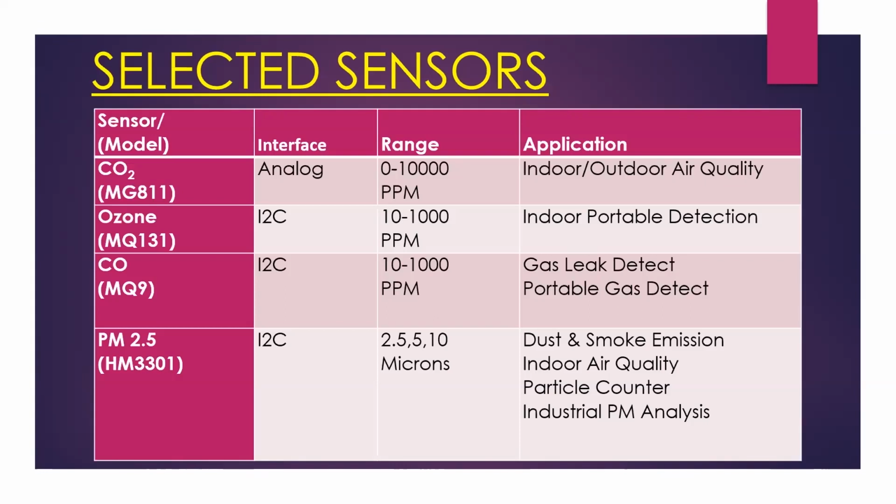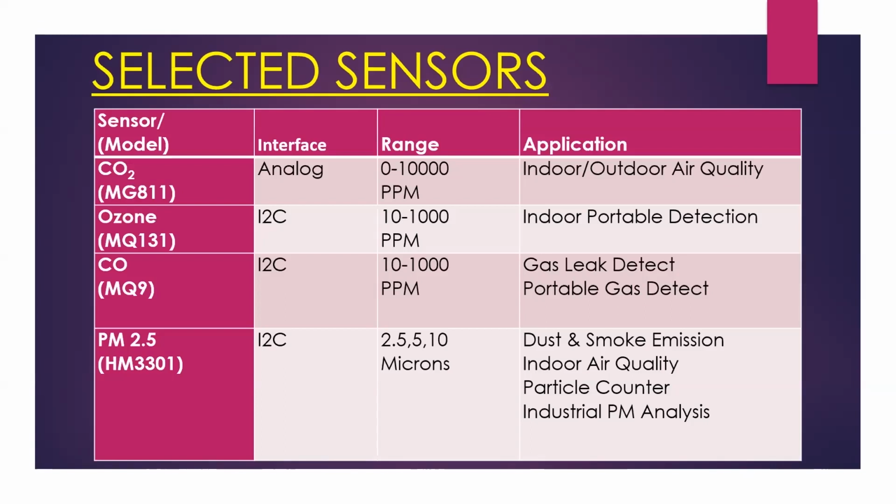You can see that the ranges in parts per million vary from a large range, the largest range for the carbon dioxide, which according to the sensor data sheets ranges from 0 to 10,000 ppm. And then the other ones range from 10 to 1,000 ppm. And then the particulate matter ranges from 0 to 1,000, not what is on the table there.